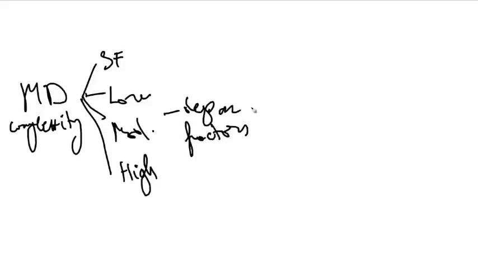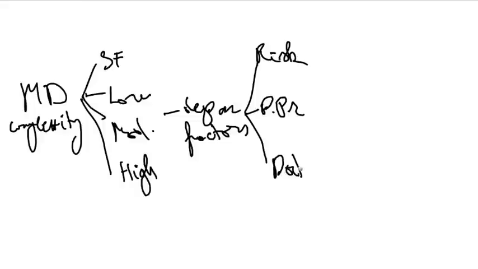And what are these factors? Risk, presenting problem, and data. What does it mean? The medical decision is more complex when there is a higher risk, when the presenting problem is more complicated, and when the data that you need to evaluate is higher in volume.